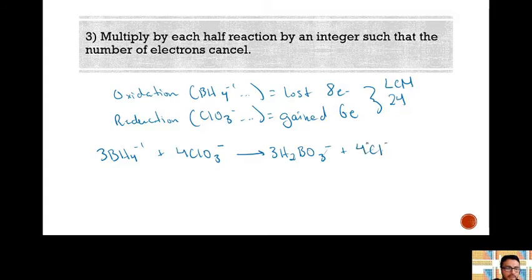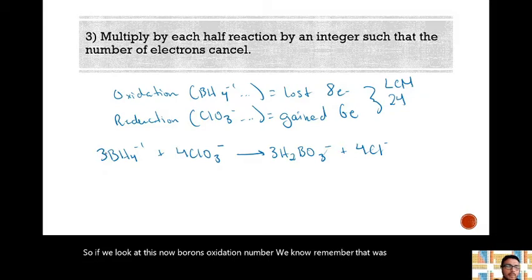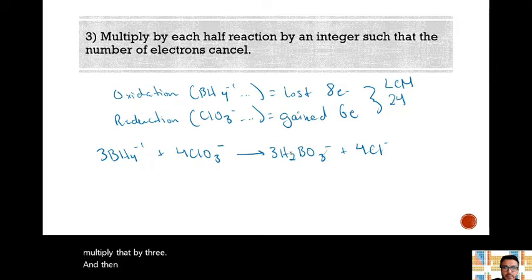Now if we look at this, boron's oxidation number, remember, was -5. If you multiply that by 3, and then multiply this by 3 as well, and add up all of the charges, you'd see that they all equal 24.